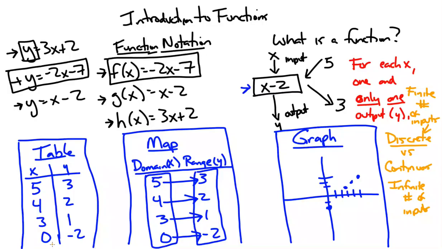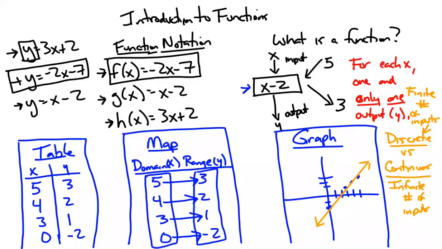I have only 4. If I wanted to make it a continuous function, that is to show an infinite number of points, I could show this line, right? I could say, okay, well, actually, the output of g of x equals x minus 2, it actually looks like this. It's a line, and it goes forever in both directions, there and there.